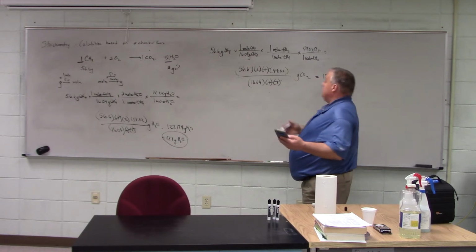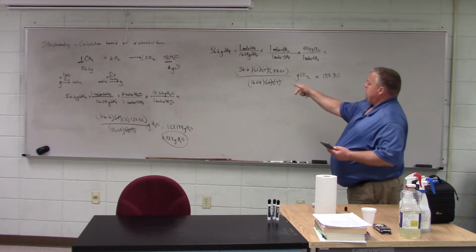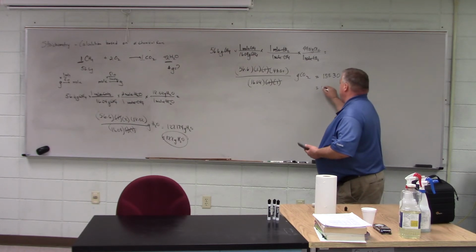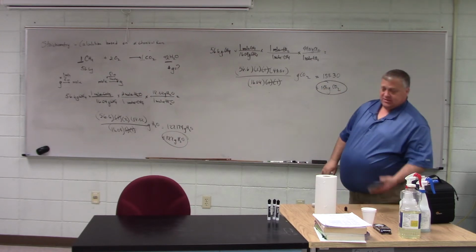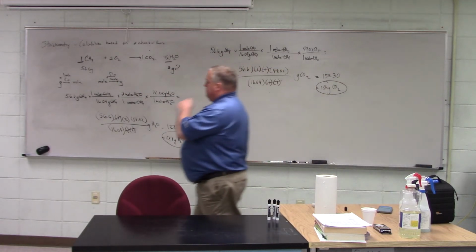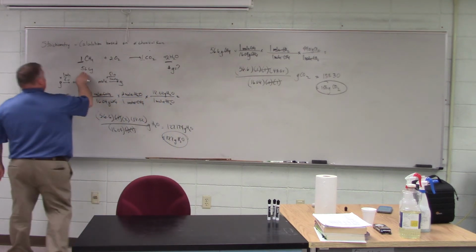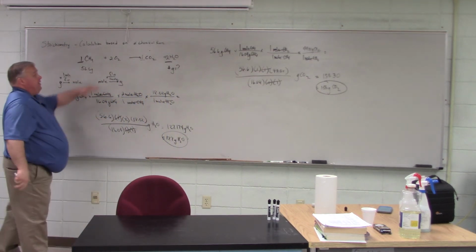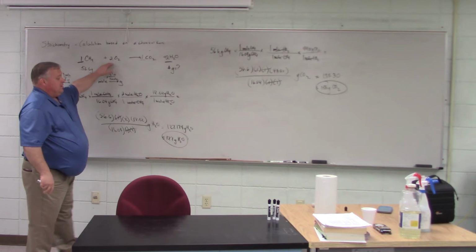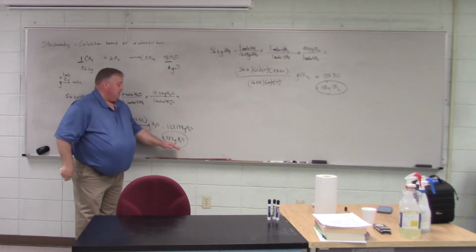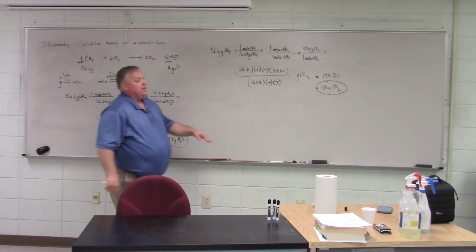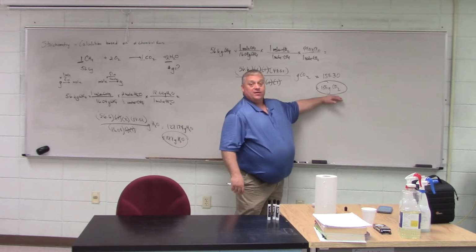We still need 3 significant digits, so it's 155 grams of CO2, okay? So, assuming that we have 56.6 grams of methane, an infinite supply of oxygen, we can produce from that 127 grams of water and 155 grams of CO2.